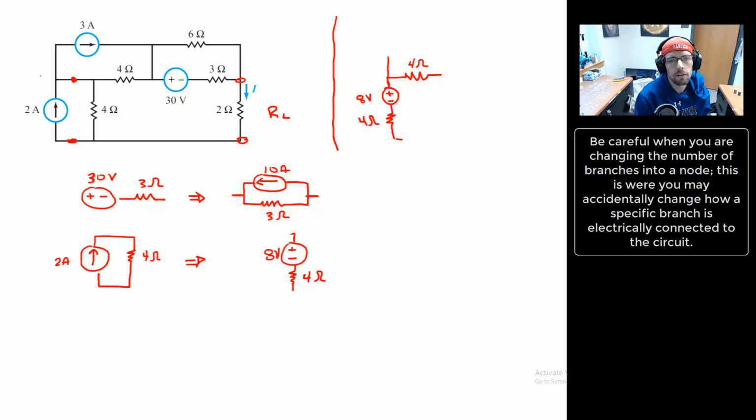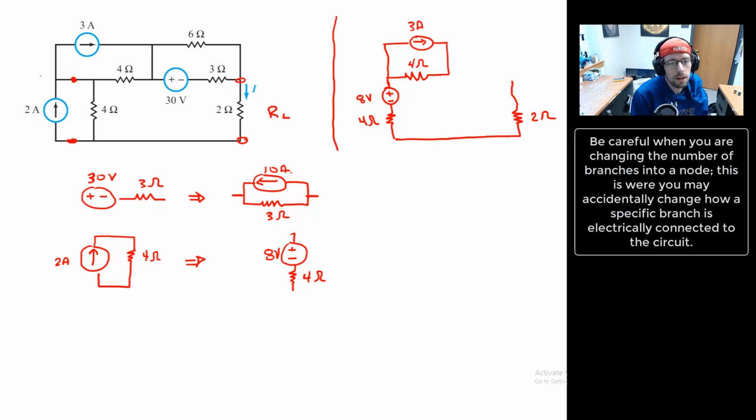And I still have a second electrical connection up to this 3 amp source. Okay. So there's one. And this has some electrical connection. Okay, good. This bottom route still connects back to that 2 ohm resistor that we're interested in. So we have that.